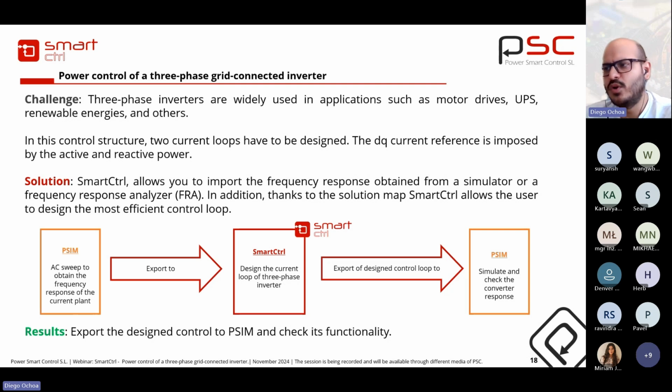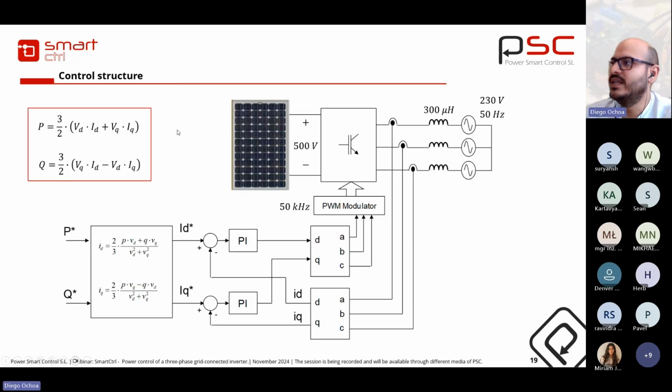Then we export the TXT file from PSIM to SmartCtrl. In SmartCtrl, we tune the PI compensator for both current loops, and then we copy the PI parameters, the Kp and the Ti, to the PSIM simulation, and we check if our converter is stable or not.